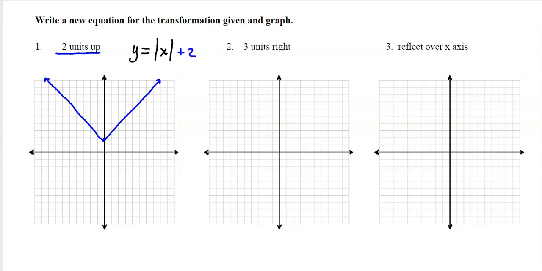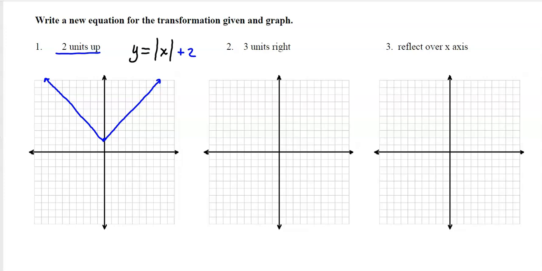If you plugged all those values in a table, it would all check out, and we don't really have to do that. But if you wanted to make an x-y table and put 0 in, instead of getting 0, you're going to get 2. Put 1 in, you're going to get 3. And it's going to move it up. Now, if we wanted to go down, that would have been a minus on the back side.